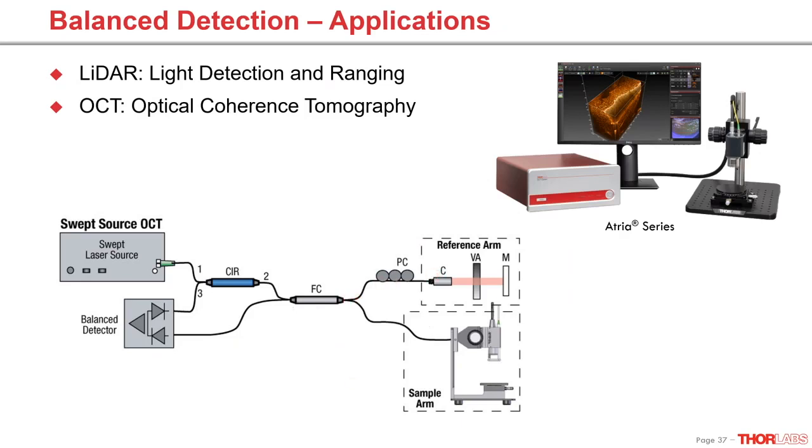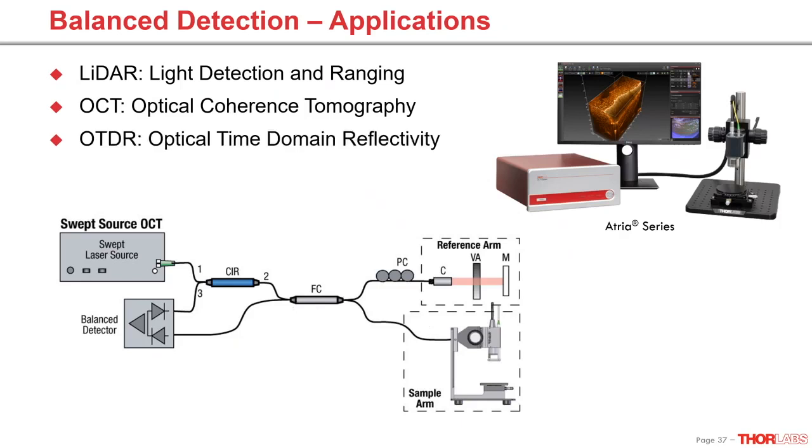The difference of the photocurrents delivers the wanted interferometric signal while suppressing intensity noise of the light source. Such techniques are also used for optical heterodyne detection in various other applications.